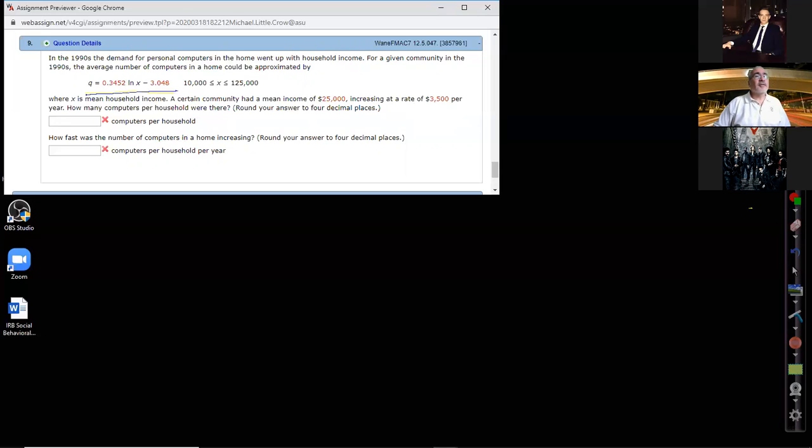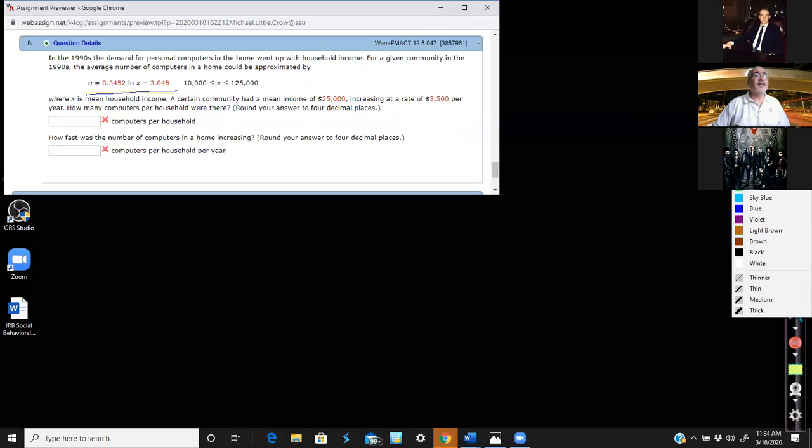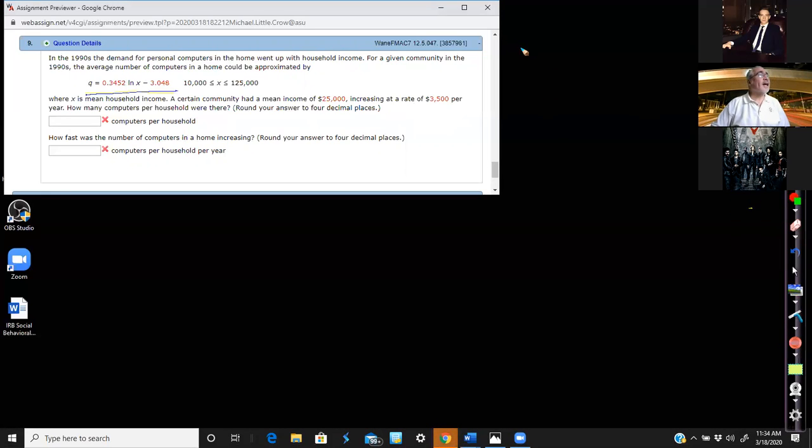It's getting me confused because it's kind of like the next problem set, but it is a little different. So what we have is Q is the number of computers, X is the income.